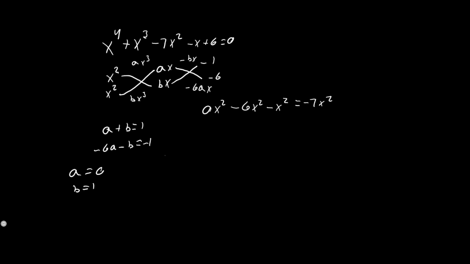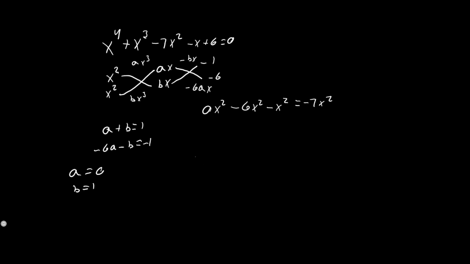And we see that 0x cubed plus x cubed gives 1x cubed. So it's looking good so far. And here we're going to have to add up bx and negative 6ax.